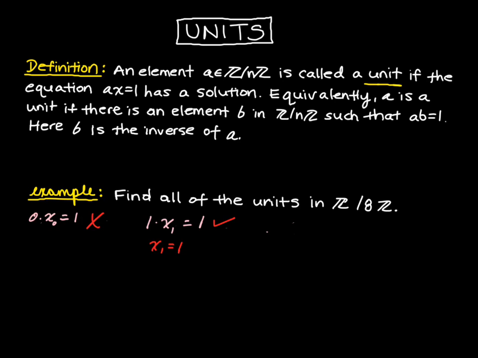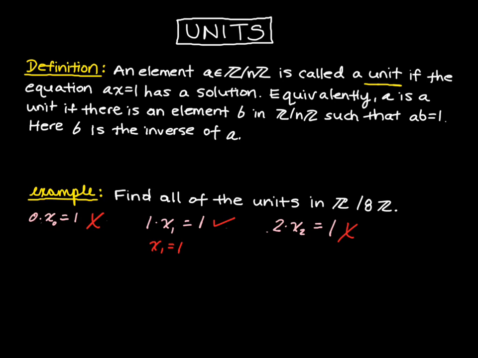So 1 is going to be a unit in Z mod 8Z. Now we consider the next equation. Does 2 times some x2 equal 1? Well, now we have to think about it. If we go through each element in the set, we see that there is not going to be a solution. And I leave that to you to verify.